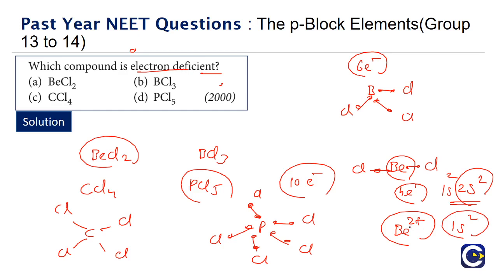So for ionic BeCl2 we will not talk about electron deficiency. But covalent BeCl2 will have electron deficiency. Between these two, we can say that BCl3 will be the electron deficit molecule, considering that BeCl2 might have ionic nature, because BCl3 is a covalent molecule.